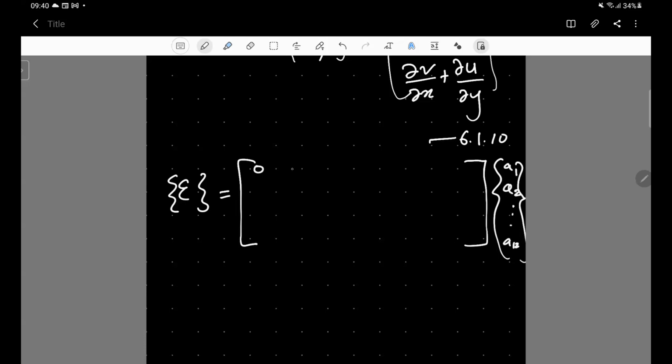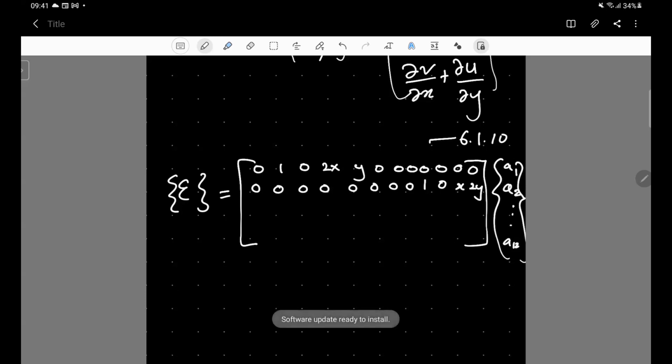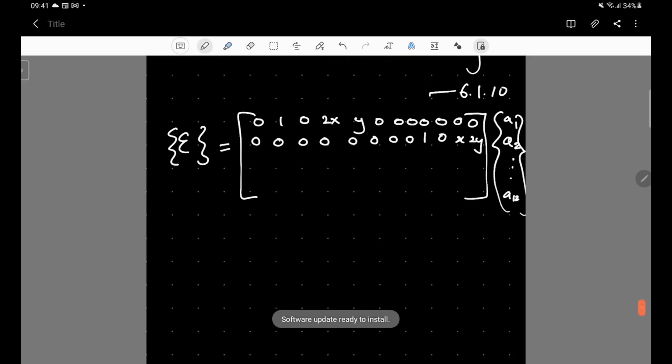So similarly, you can perform the derivation and check whether you have got the correct results here.